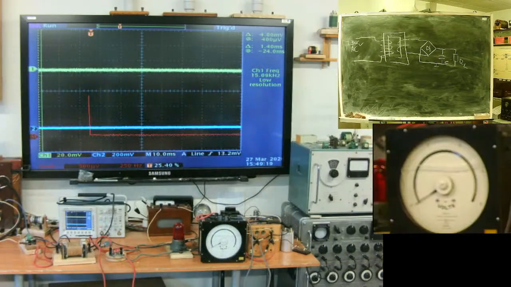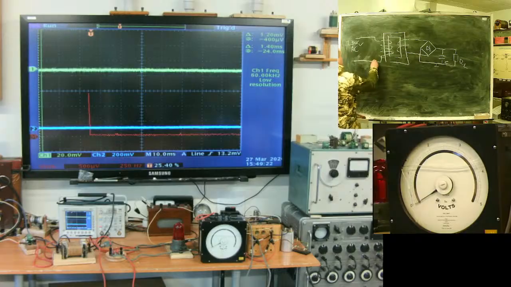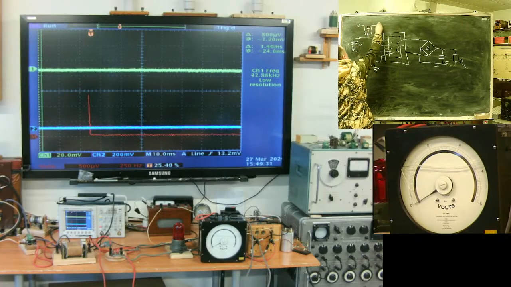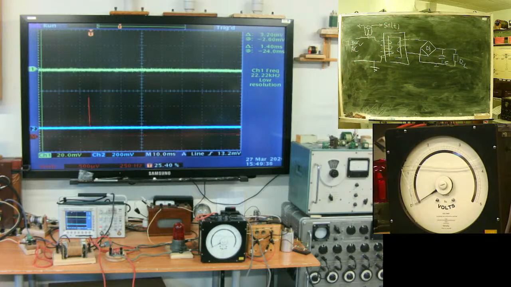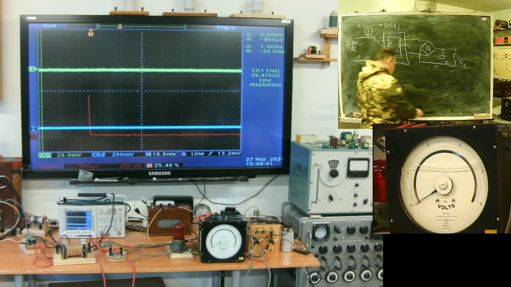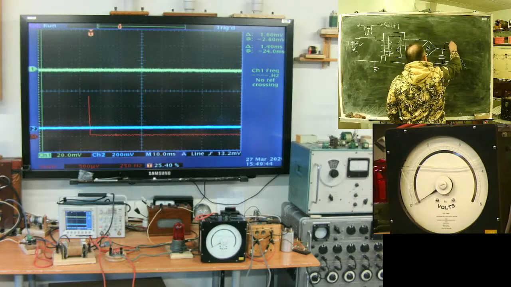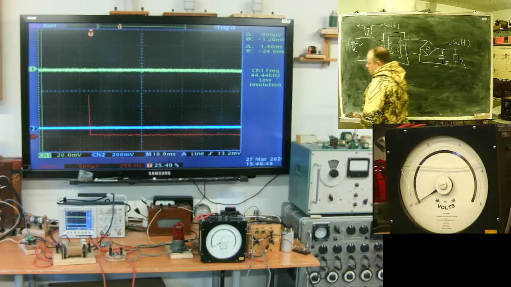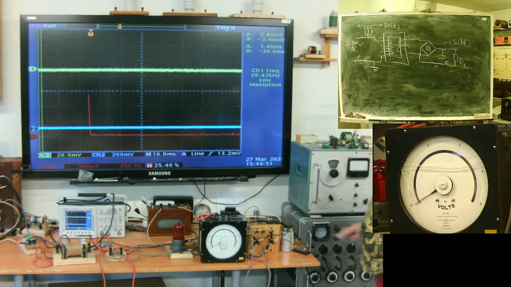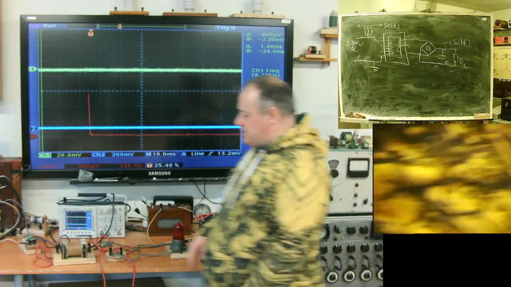I have two signals to my scope. My first signal is the current of the supplying AC line. My second signal is the load voltage.